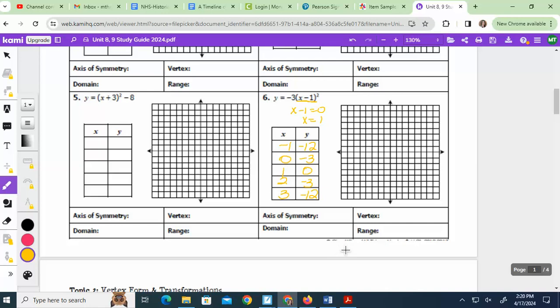Did anybody forget how to get those on the calculator? You need to look at that. Okay, if I plot those, my graph doesn't go down that far to negative 12, so I'm just going to skip that point for now. So we have 0, negative 3, 1, 0, 2, negative 3. And we don't have the negative 12. So this is my graph.